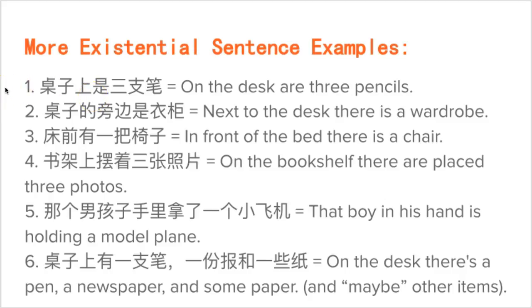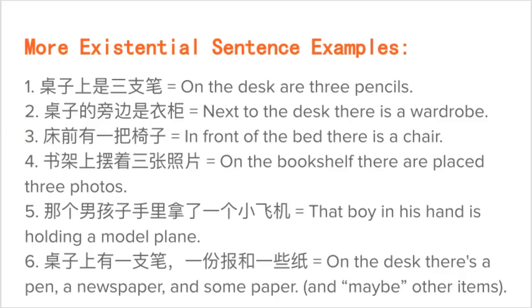桌子上是3支笔. 桌子的旁边是衣柜. 床前有一把椅子. 书架上摆着3张照片. 那个男孩子手里拿了一个小飞机. 桌子上有一支笔, 一份报纸, 一份报和一些纸.